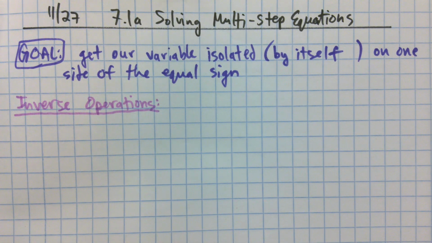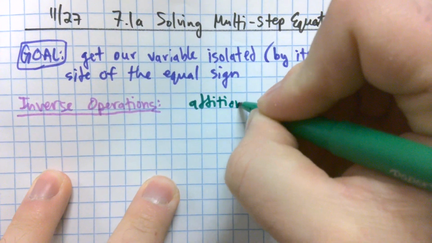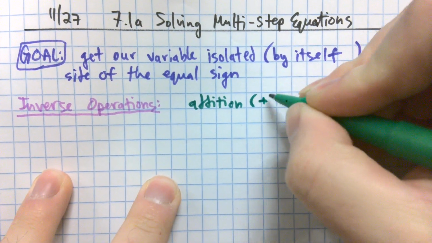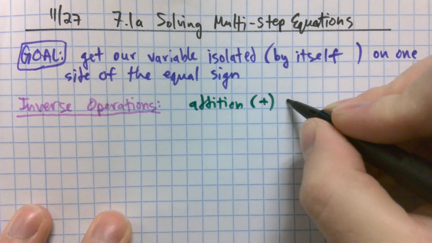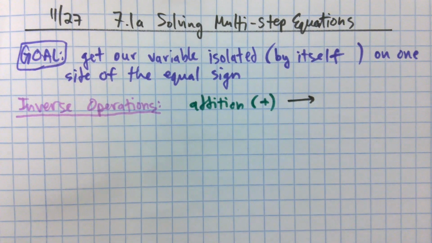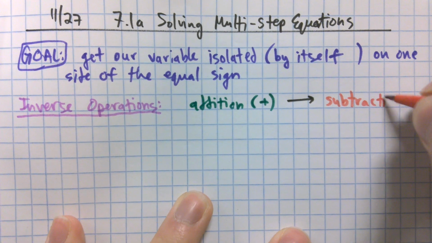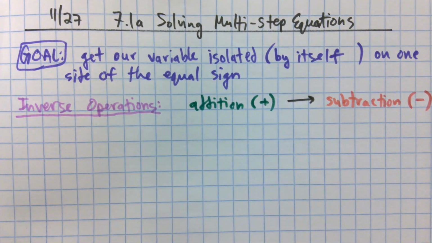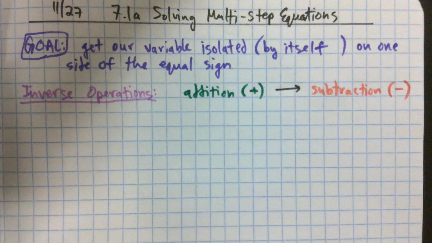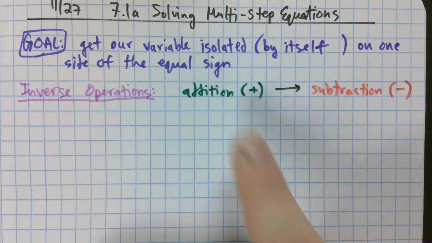So if we have addition, what would the inverse operation be? Subtraction. Exactly. So if we have an equation that says x plus 4 equals 6, plus 4 means we're adding.